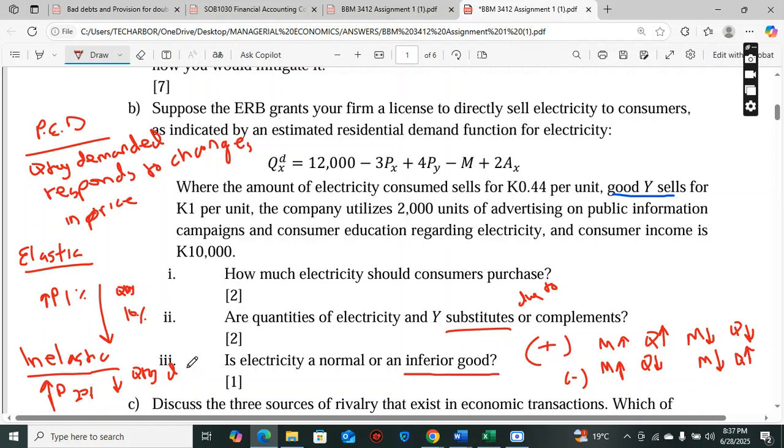It means quantity demanded is not sensitive to price changes, or it's not very responsive to changes in price. So even though you increase the price, quantity demanded is not going to change much because demand is inelastic.